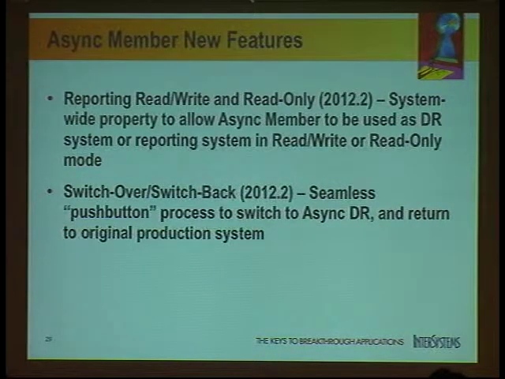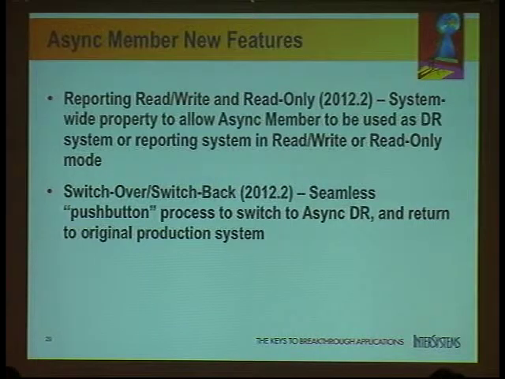And then the first point up there is we allow now better control for you on determining the type of the asynchronous mirror member. So the async member can be one of 3 types. Actually, it's just 2 types. One of 2 types.